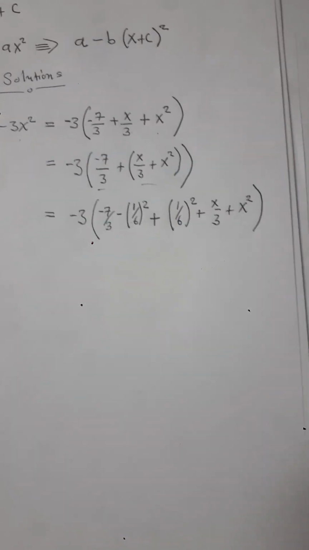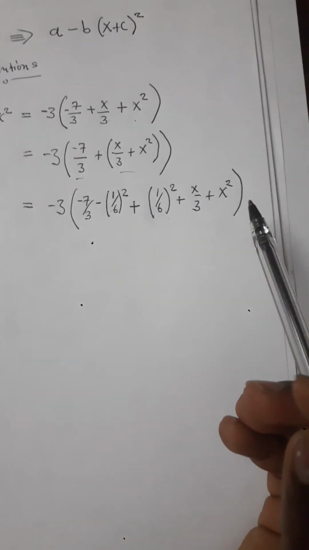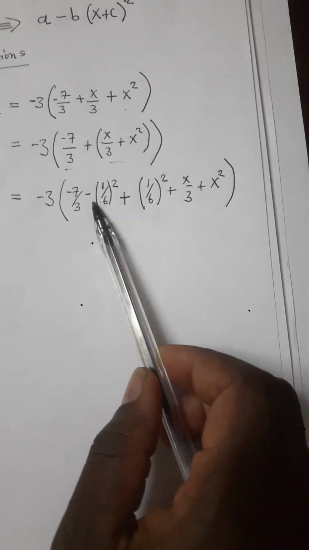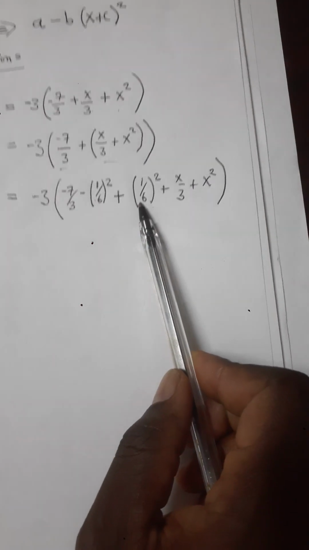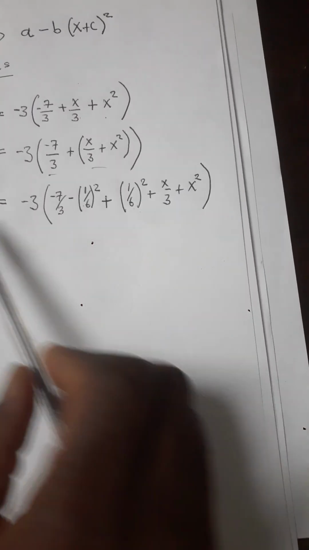When you look at this, this doesn't change anything. This means nothing, because when I combine these two, I'll still get 0. So I add and subtract to make sure that I don't add anything to the quadratic expression.